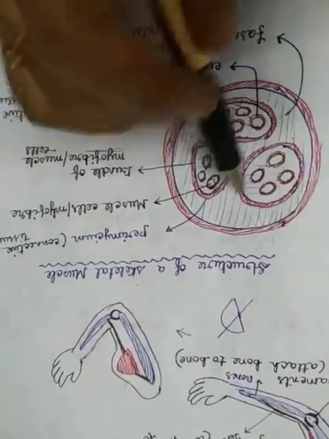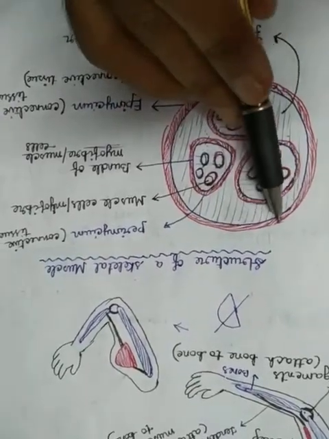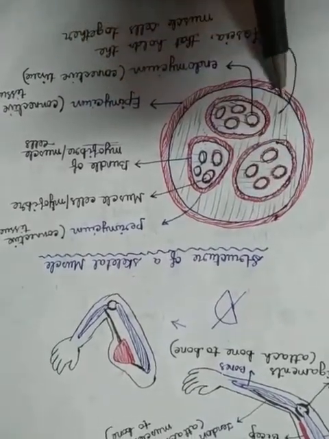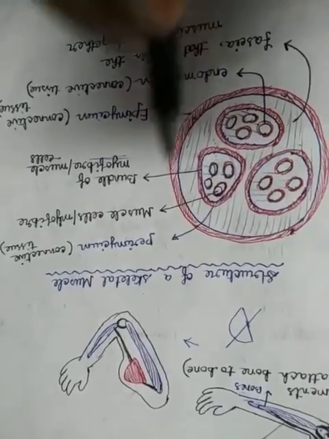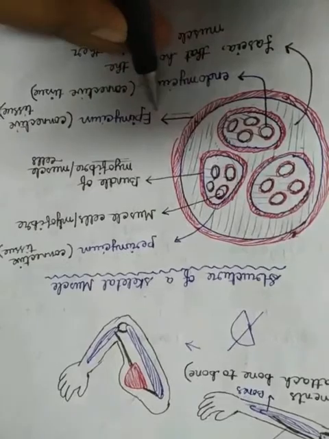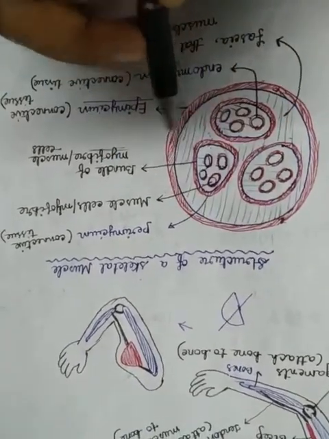But the outer portion of this section is covered by a connective tissue strand that is called epimysium. That is the outer portion of the section of muscle.